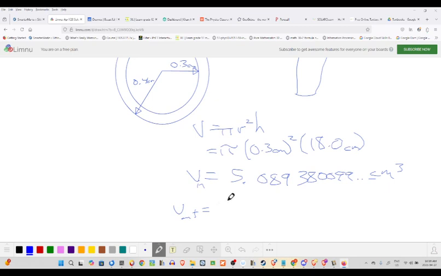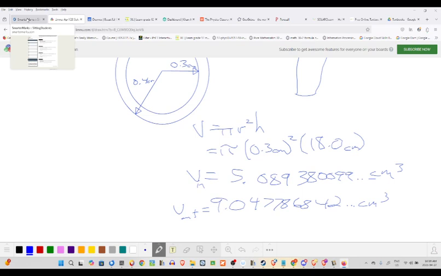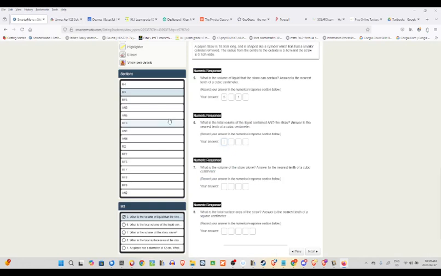So that is 9.047786842 cubic centimeters. Yep, it's almost half of the volume, even though it's only a quarter of the radius. So this one is 9.0 to the nearest tenth.